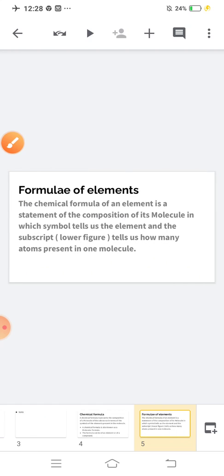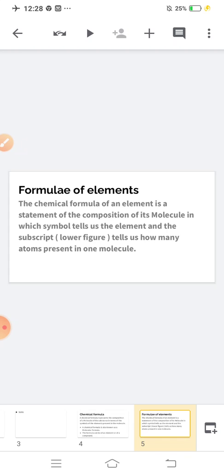Now, formula of elements. The chemical formula of an element is a statement of the composition of its molecule, in which the symbol tells us the element and the subscript tells us how many atoms are present in one molecule.